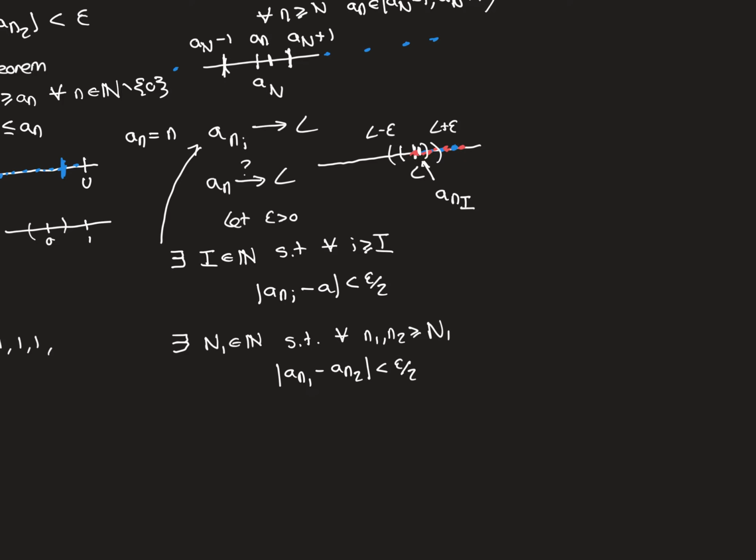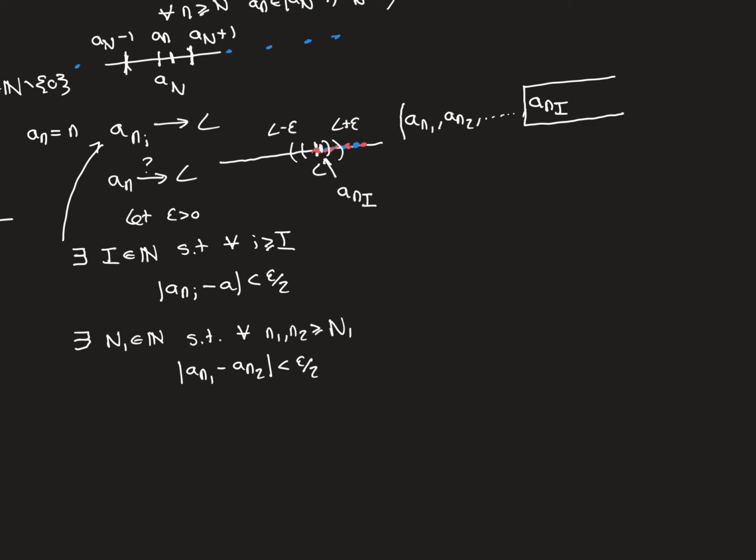So to draw a picture to illustrate this better, let's firstly draw out our subsequence here. So we have a_{n_1}, a_{n_2}, and then further down the line this a_{n_I}, and we're saying beyond that all the terms are inside that epsilon over 2 interval. And then, making some more space here, we've got the larger sequence, a_1, a_2, etc. And then we've got this point a_{M1}, where beyond that the distance that the terms are apart from one another is less than epsilon over 2.